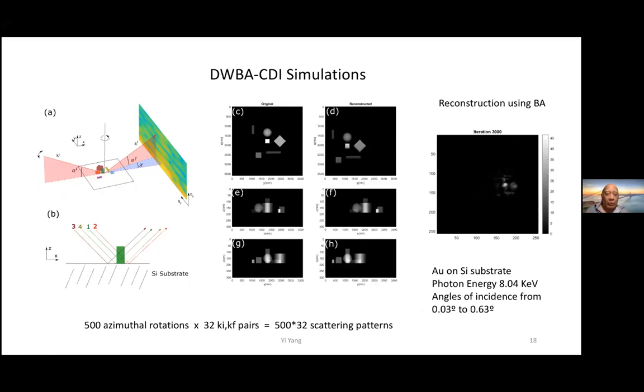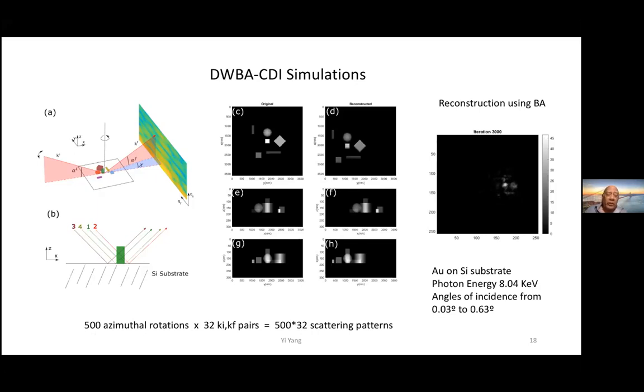And then we rotated the sample with 500 azimuthal rotations and 32 incident angle, outgoing angle, 32 KI-KF pairs to give you a total of 500 times 32 scattering patterns. Now that's as many patterns as you'd measure if you did tomography, actually.